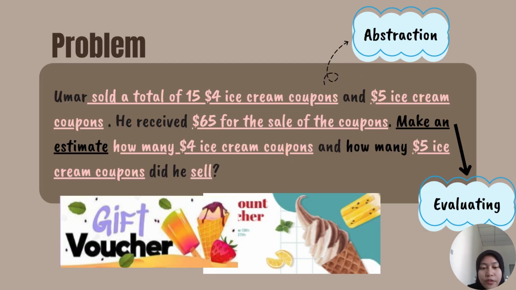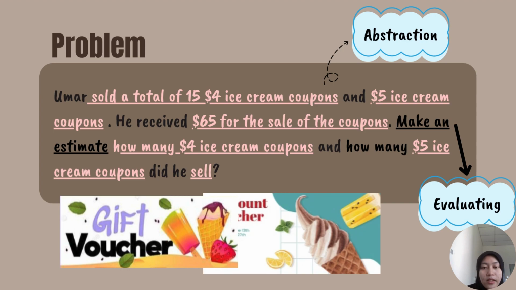For the first step, I will read the problem carefully and underline the facts. First I will underline that he sold a total of 15 $4 ice cream coupons and $5 ice cream coupons.